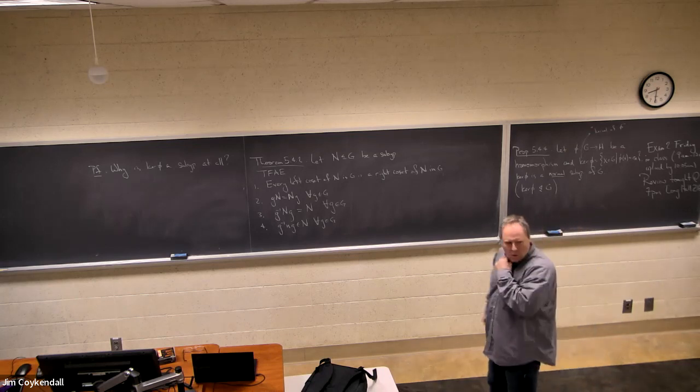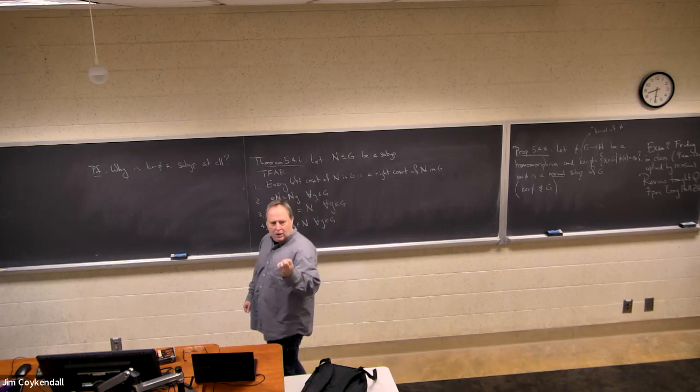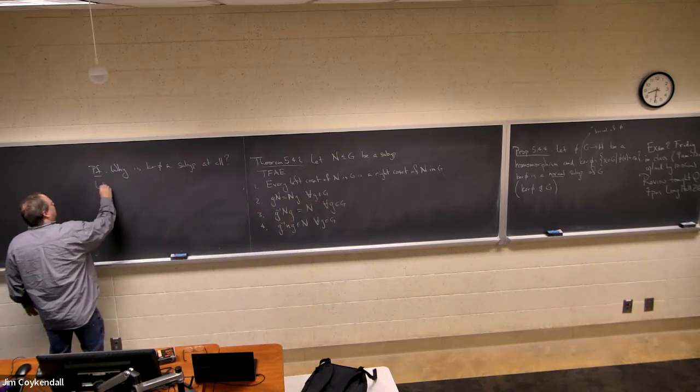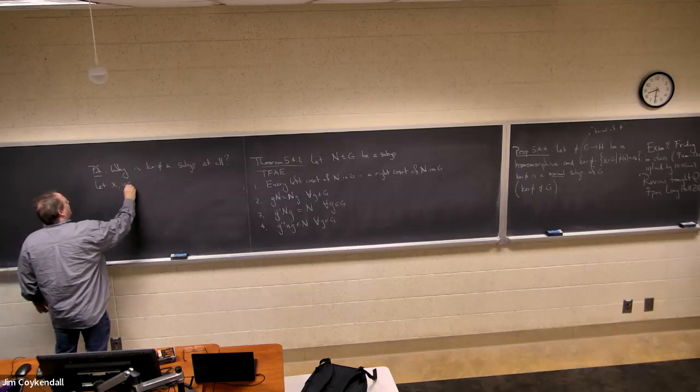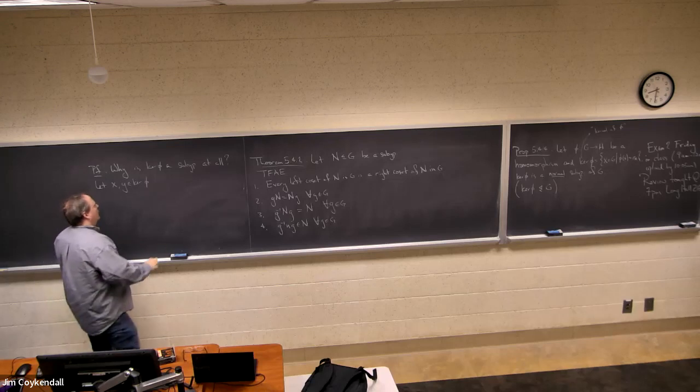Well, let's see. What do I need to be a subgroup? I need it to be closed under the operation. So let X and Y be in the kernel of phi. What does this mean?